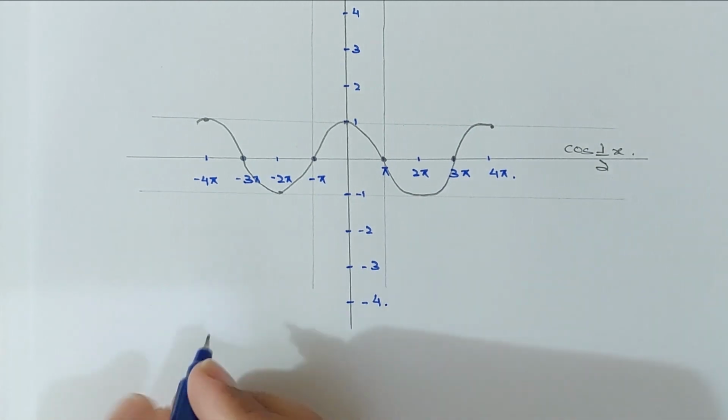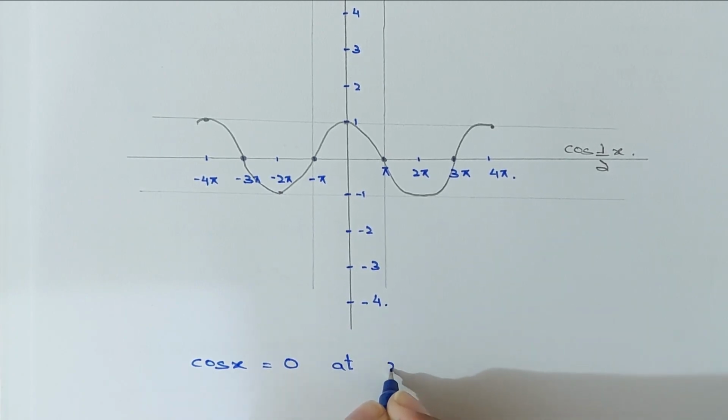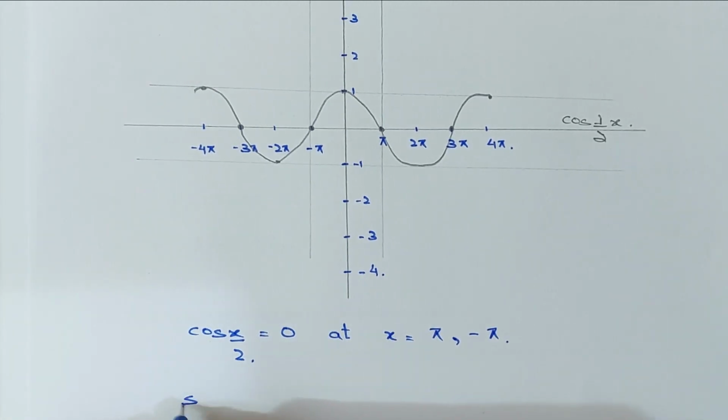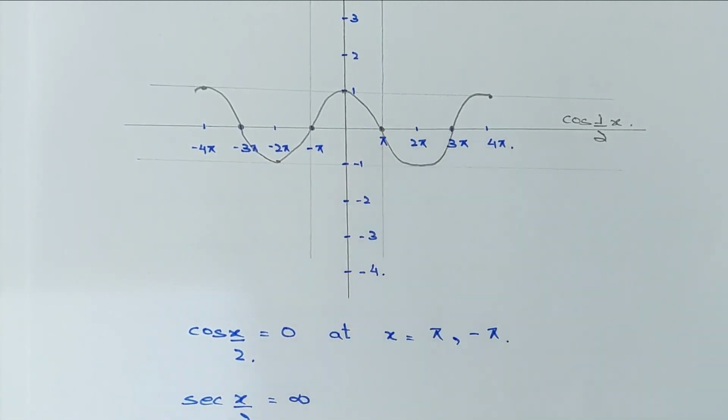So cos half x is equal to 0 at pi and minus pi. So when it is 0, it means that secant half x is undefined.